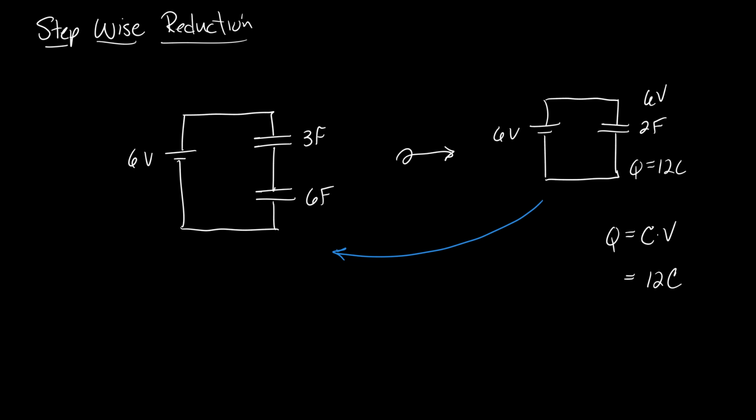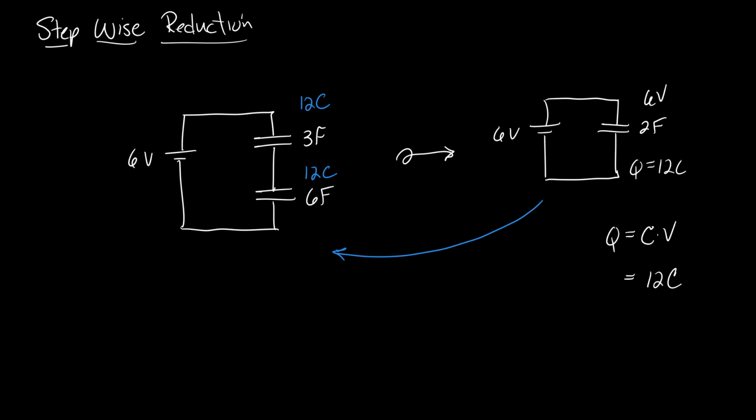So we take the charge and apply it to every element that is in series. So I look at these two capacitors and I say this one must have 12 coulombs of charge and this one must have 12 coulombs of charge. Capacitors in series all have the same charge. That rule's important.